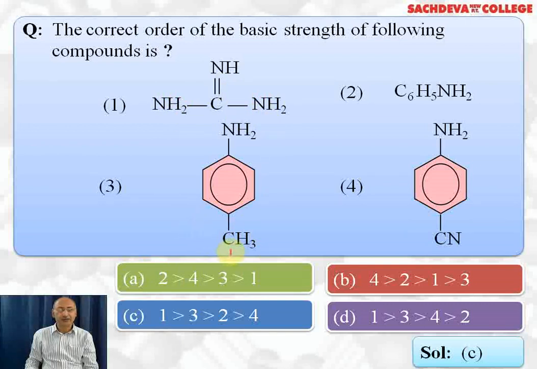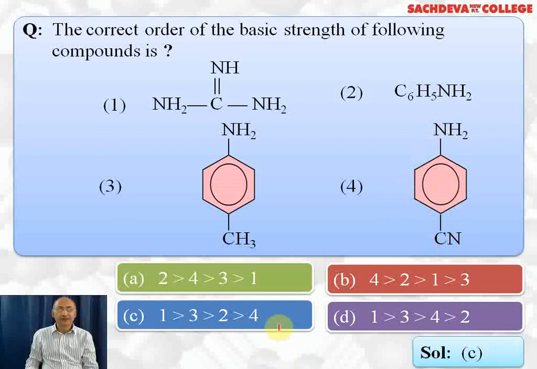Why is it second most basic? Because the methyl group is electron releasing and will increase electron density on nitrogen. After that is aniline. Aniline is more basic than para-aminobenzonitrile because the cyanide group is electron withdrawing, so this will decrease electron density on nitrogen. That's why it is least basic. So the correct answer is C part.